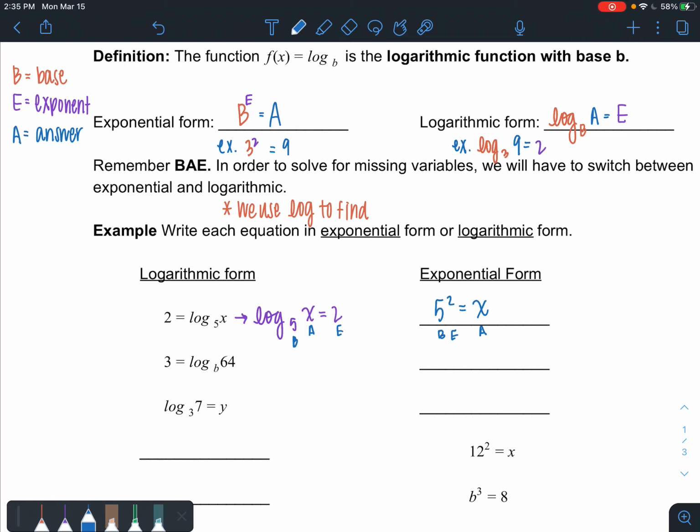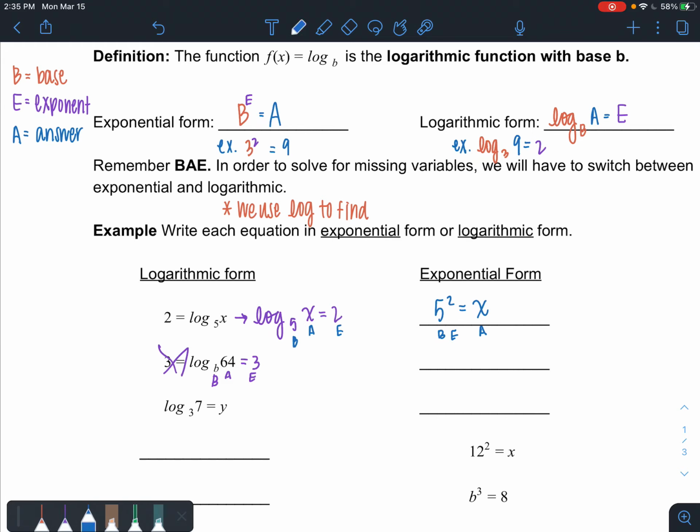Okay, next one here. Again, I'm just going to take this over to this side. That way we can easily see the function there. So then this is my b, a, e, and I'm going to switch it over.